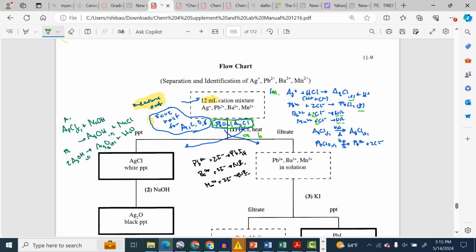Then I need a piece of filter paper. The filter paper is located in a box over there on the counter. And the filter paper comes in round circles like this. And so what we need to do with the filter paper is to fold it in half like this, and then fold it in a quarter like that.